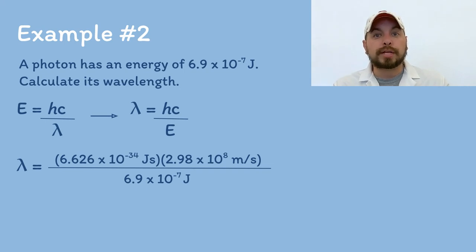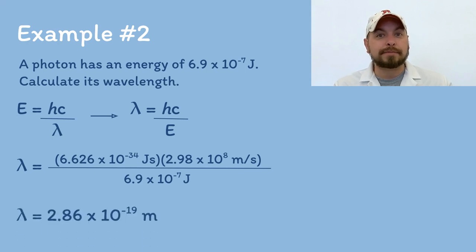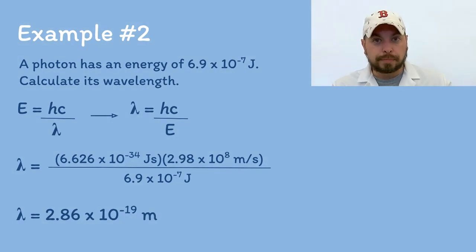So we are going to get an answer here that's in meters. When we solve it, we get 2.86 times 10 to the negative 19th meters. If I needed to convert that, I could convert that into nanometers by multiplying by 1 times 10 to the 9th. But in this case, I'm just going to go ahead and leave it in meters.